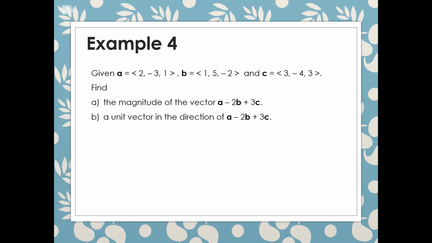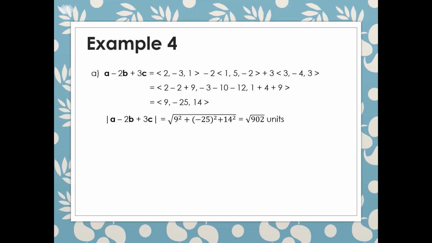Proceed with example 4. Given three vectors A, B, and C. You need to find the magnitude of the vector A minus 2B plus 3C, and you need to find a unit vector in the direction of A minus 2B plus 3C. First, find the answer for the vector of A minus 2B plus 3C. 2B and 3C are obtained by multiplying the scalar with all components in the respective vectors.